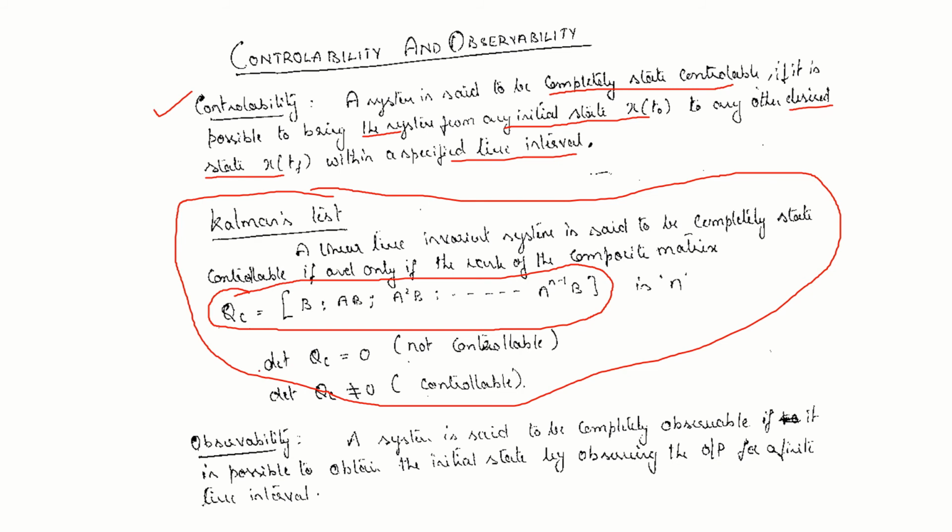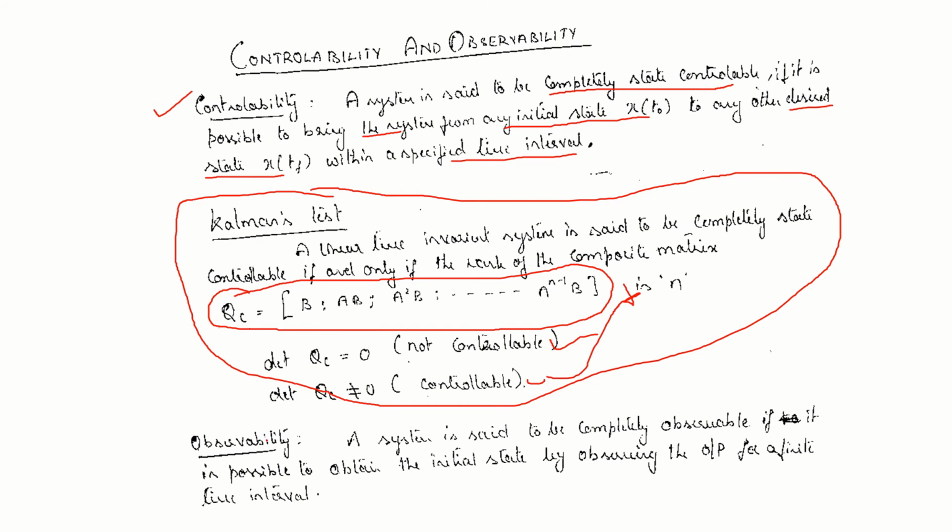That means, find the determinant of QC. If this is equal to 0, not controllable. Not equal to 0, it is controllable. Then it has a full rank.